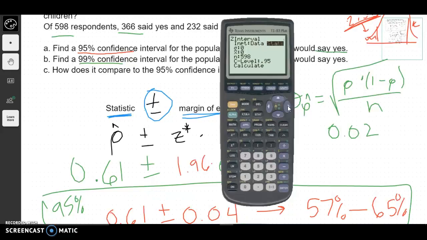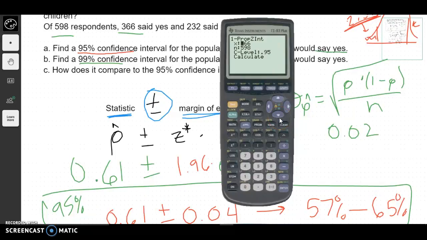Or if you just include the stats, like the standard deviation, the mean, and then the number of values, and then you can select the confidence interval. We aren't going to do Z's today. We're actually going to do proportions. So let's go all the way down to proportions.